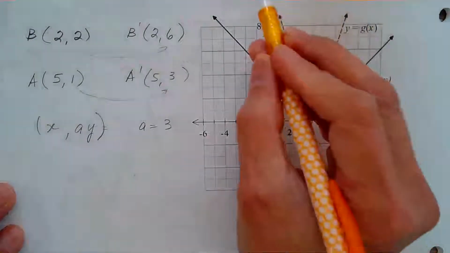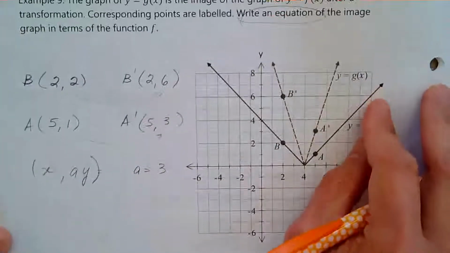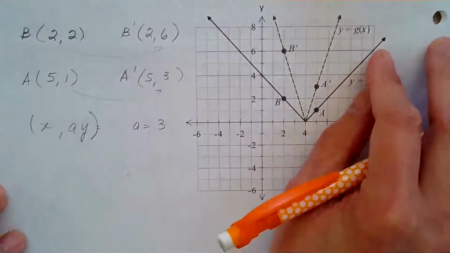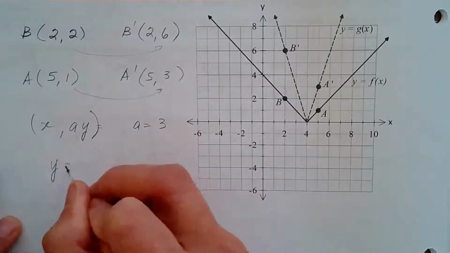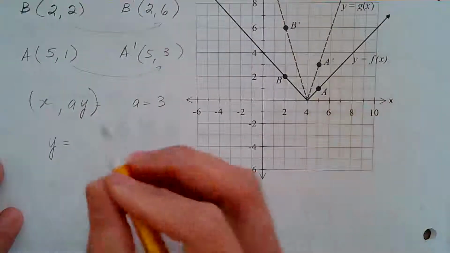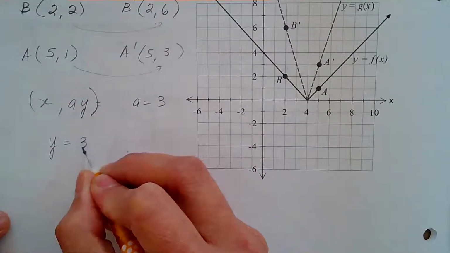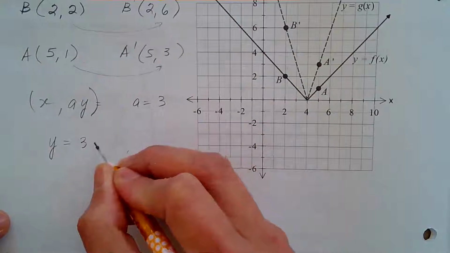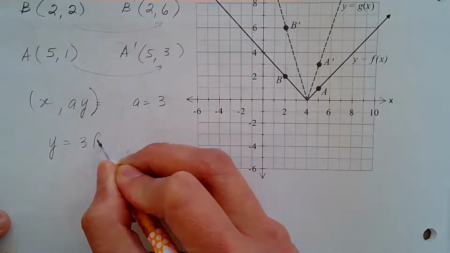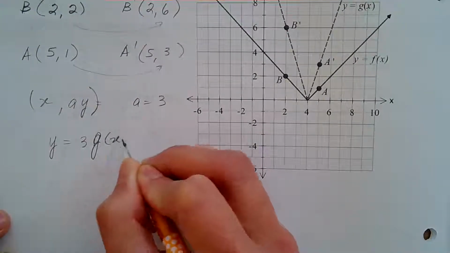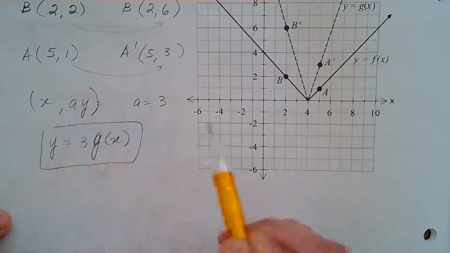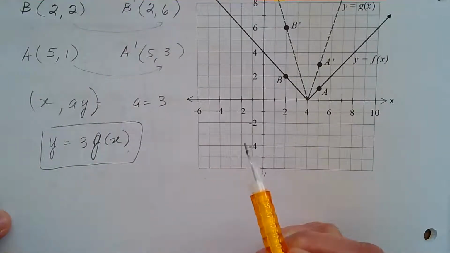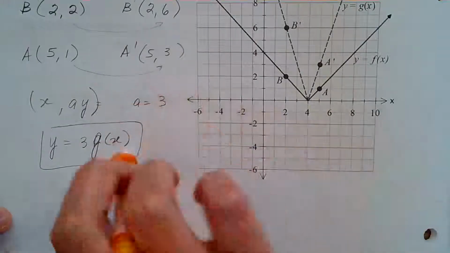So what is the equation of the transformation? y equals 3, it's a vertical stretch, right? g of x, or f of x.